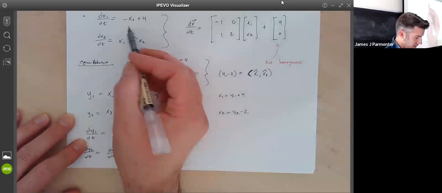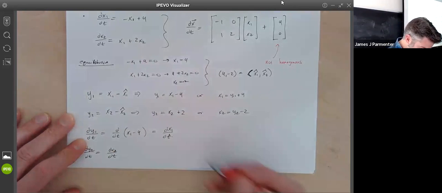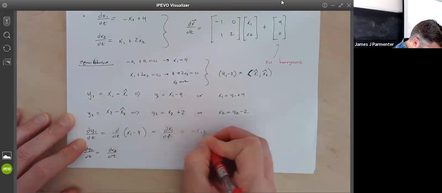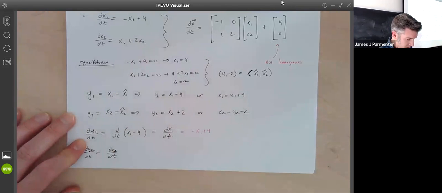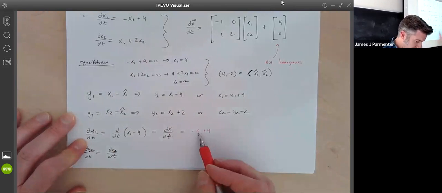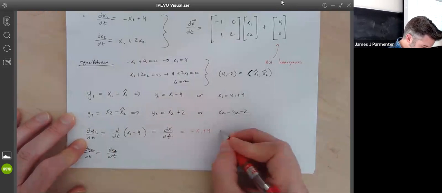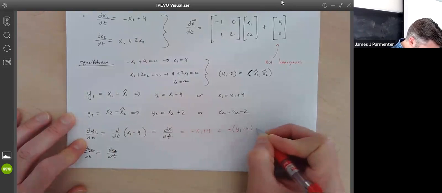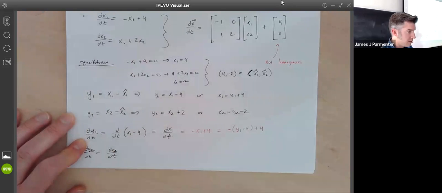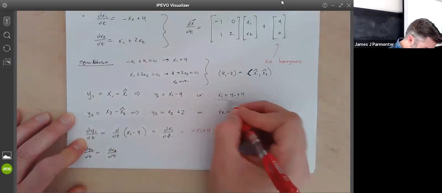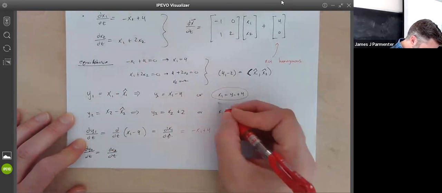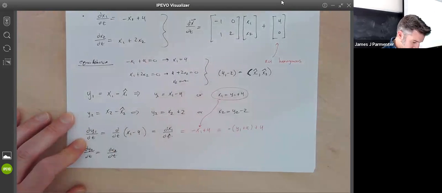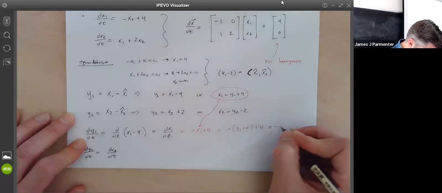dy1/dt is equal to dx1/dt, which is equal to negative x1 plus 4. But if we plug in what x1 is equal to, it's negative (y1 plus 4) plus 4. I'm really just subbing that in, that's why we solved for x1 there. And that's equal to negative y1.